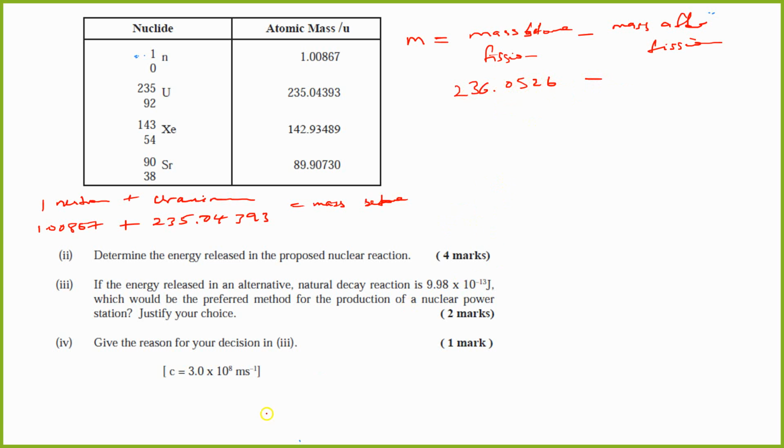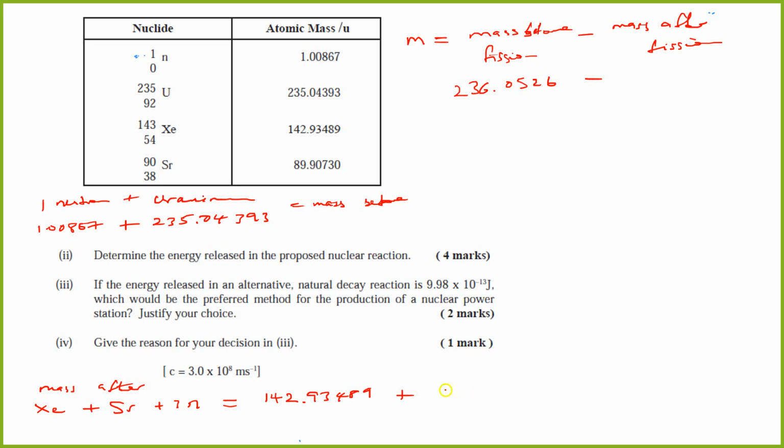As it relates to the mass after, we have one xenon, right, plus one Sr plus 3 neutrons. So we have to add up all of these masses. So xenon has a mass of 142.93489, right?